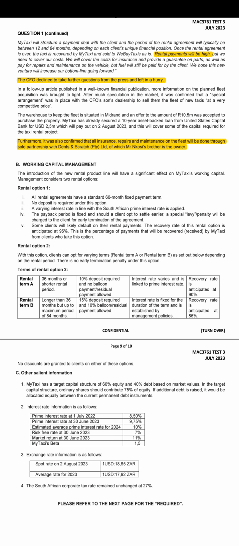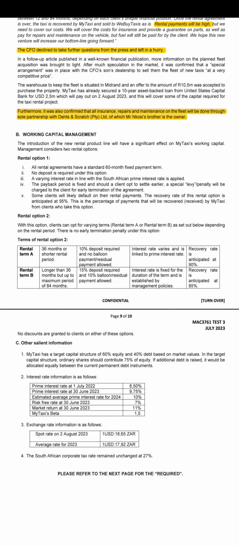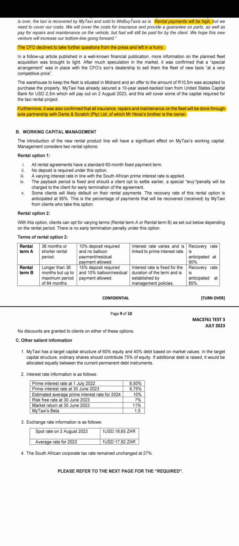And now let's move on from there, right? What does it say? No discounts are granted on either of these options. Weren't really expecting that. Other salient information. So let's see, right? The target capital structure is 60% equity and 40% debt based on market values.